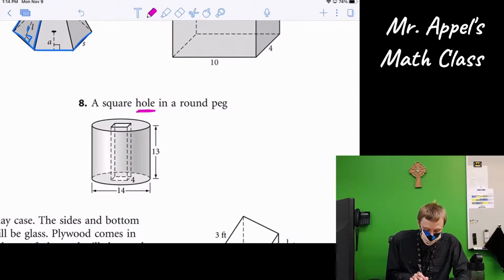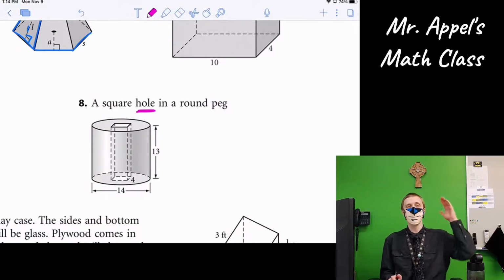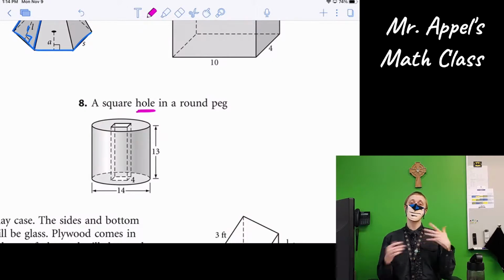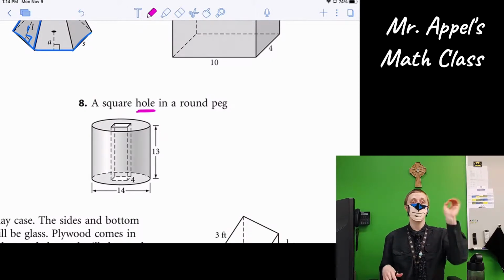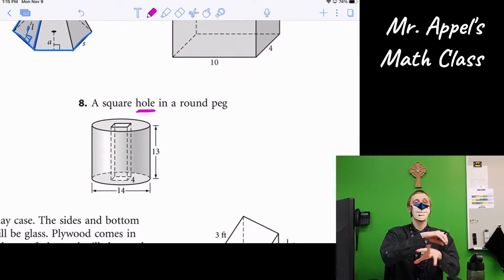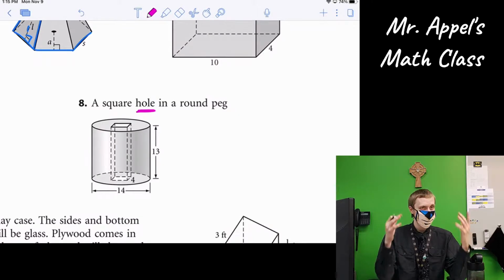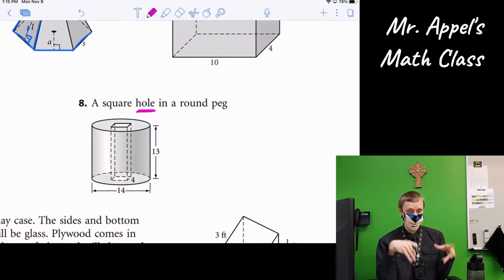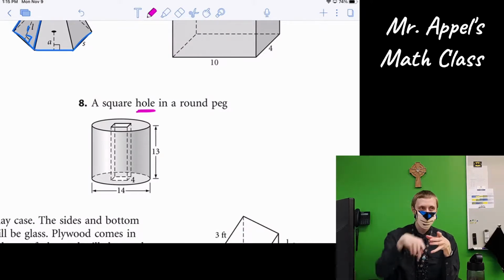Anytime there is a hole in something, the SAT loves to do this just to make your life more complicated. As if finding the surface area wasn't enough steps. You can't just find the surface area of one shape. You need to take one shape and another shape and then add and subtract the two of them. Imagine you had to paint this thing, a solid cylinder with a square hole cut down the middle.